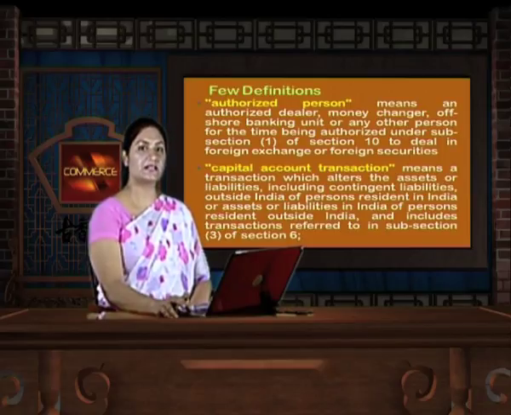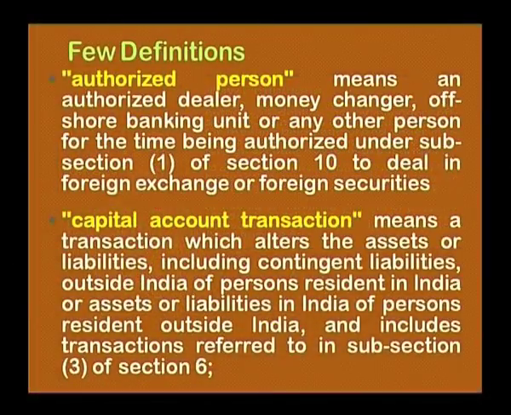Now let us study a few definitions relating to the FEMA 2000 Act. Authorized person. It means an authorized dealer, money changer, offshore banking unit or any other person for the time being authorized under subsection 1 of section 10 to deal in foreign exchange or foreign securities.